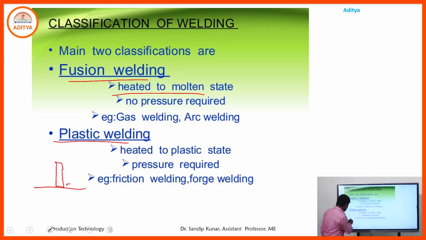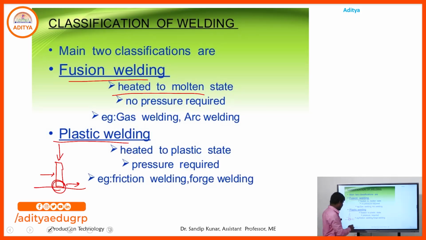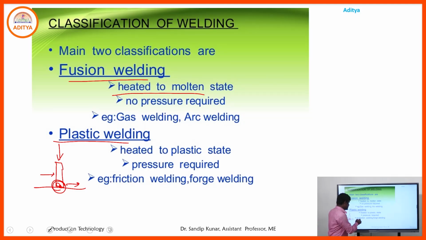Due to that friction in that zone, heat is generated, the material reaches a molten state, and the welding takes place at the joint. Examples: friction welding and forge welding.